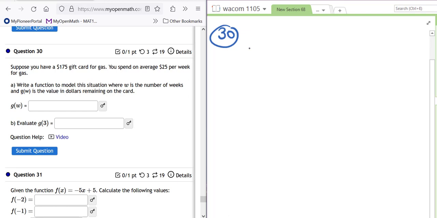All right, so we have G of W. Right, we start out with $175, and then we're going to subtract off 25 for every week, and they said to use W as the number of weeks. So that should be our function.